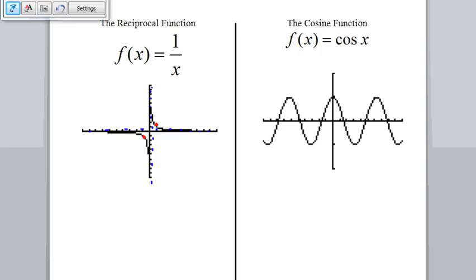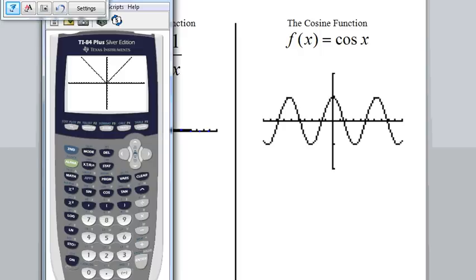All right. Now the cosine function, again, stretched. I would like to have your cosine function look like it should, in my estimation. And so let's go to y equals, type in cosine, it's the cosine button, x, hit graph, and again, go to zoom 5 if you haven't already done that.